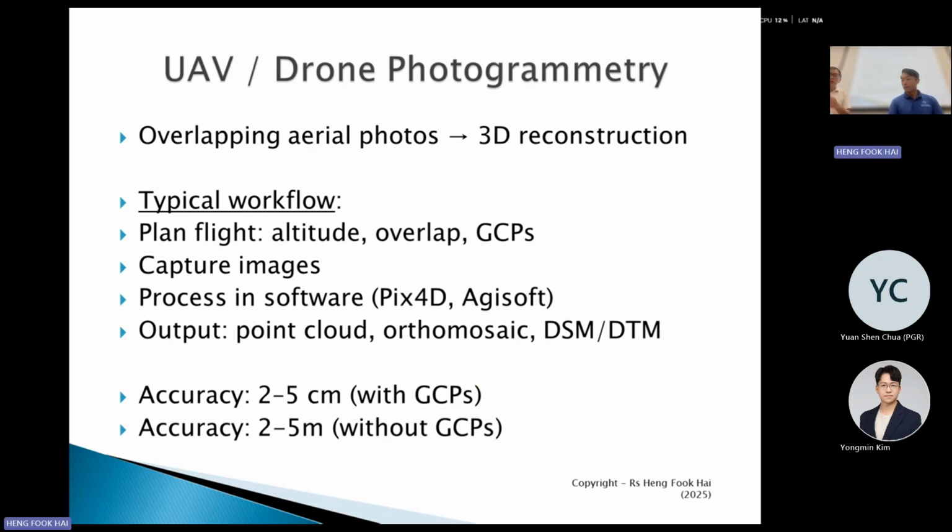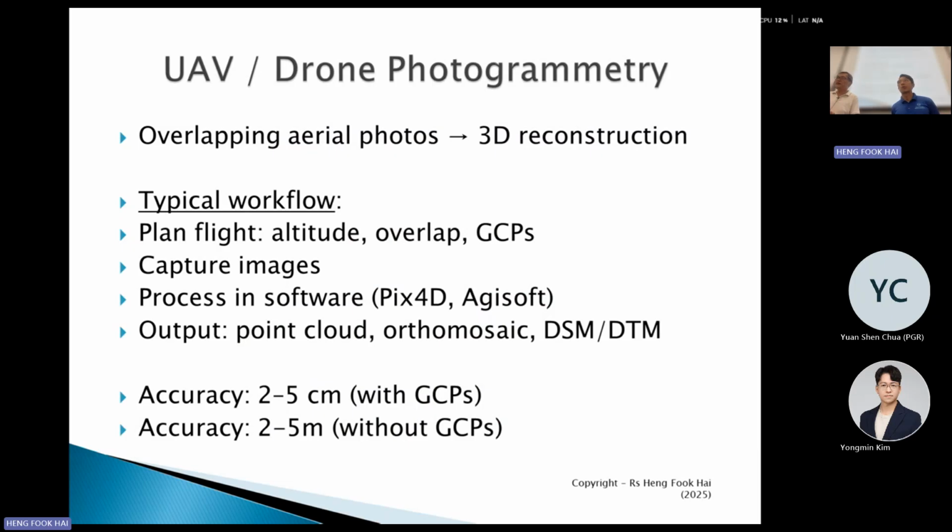If we use UAV drone photogrammetry, we are using that for 3D reconstruction. In terms of UAV and drone, the typical workflow is that you need to do a very proper flight plan: where you want to fly, how high you want to fly, and what the overlap is.